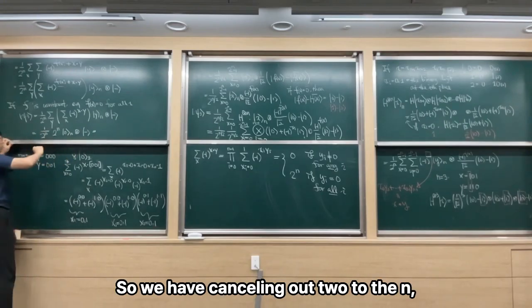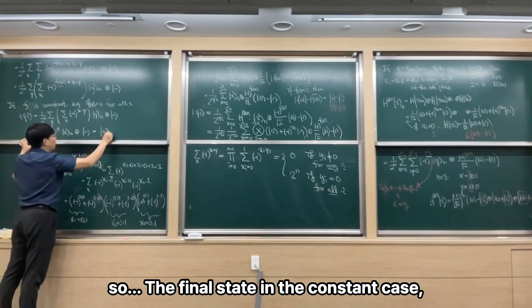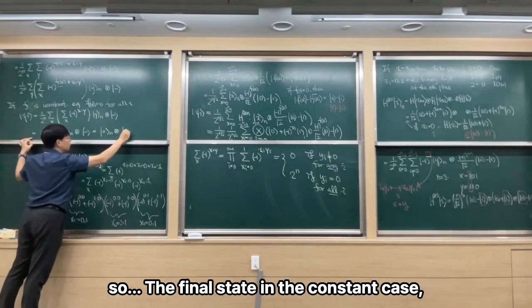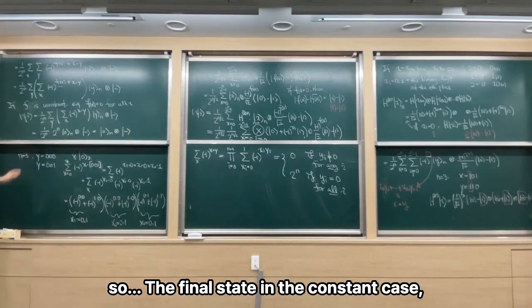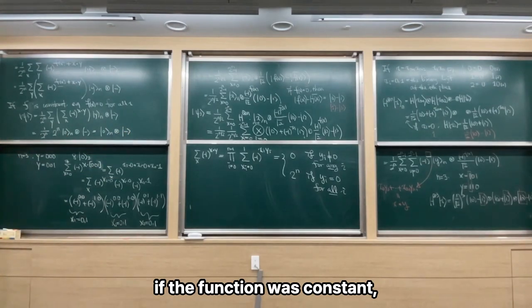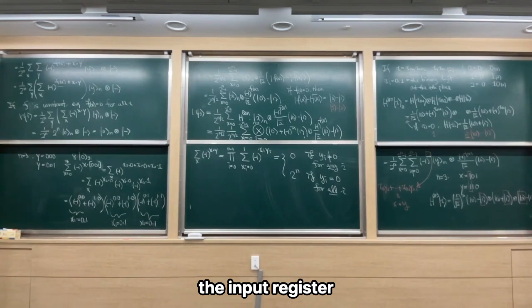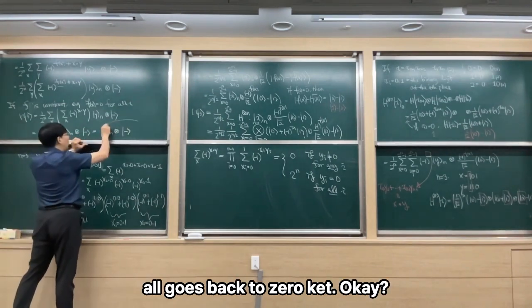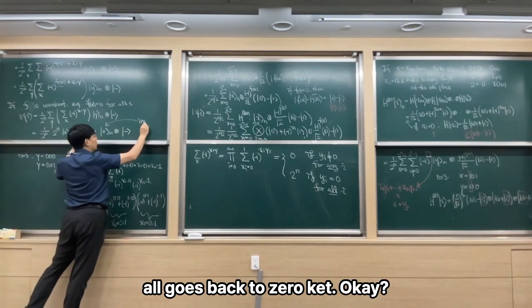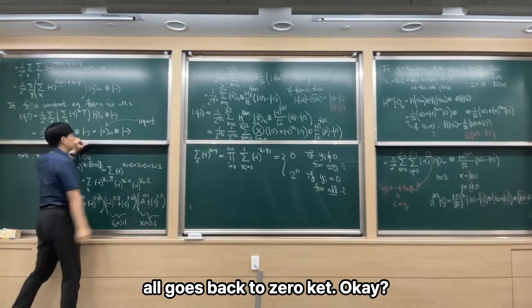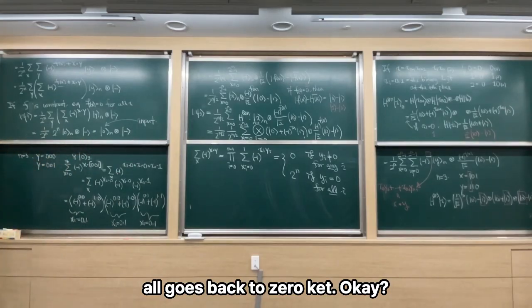So we have canceling out 2 to the n. So the final state in the constant case, if the function was constant, the input register all goes back to the zero ket. Okay? So what does that mean?